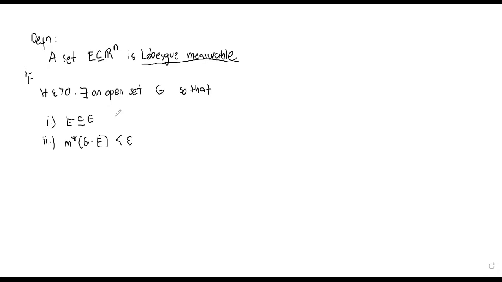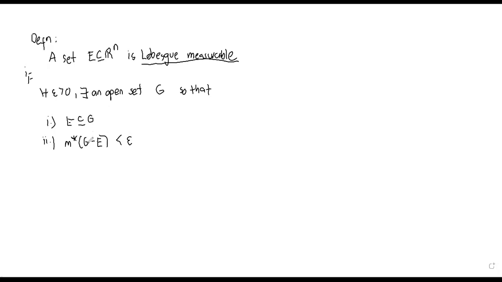So dapat sa given set natin, kaya nating mag-produce ng open set na mas malaki, pwedeng mas malaki ng konti kay E or almost similar. So since this is subset, pwede silang equal or mas malaki ng konti si G. Okay?